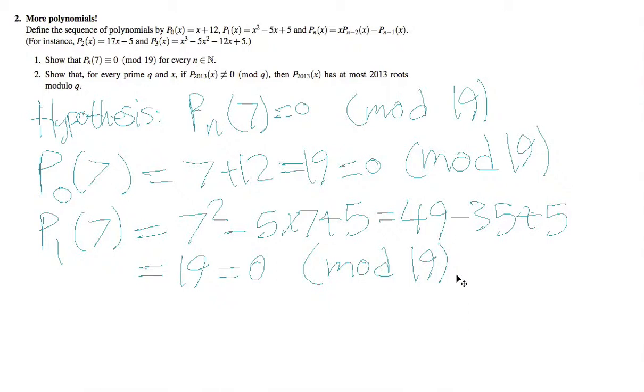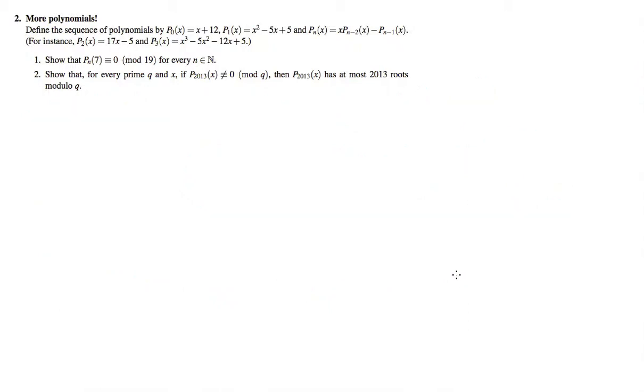Now let's go to the inductive step. So we are using the strong form of induction, which means that you're allowed to assume that for every m less than or equal to n, you have proved your inductive hypothesis, which is that Pm of 7 is equal to 0 mod 19.